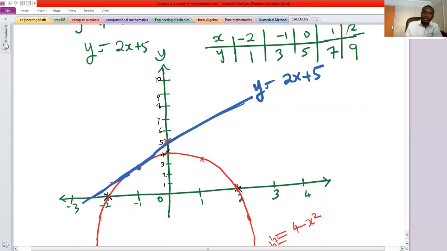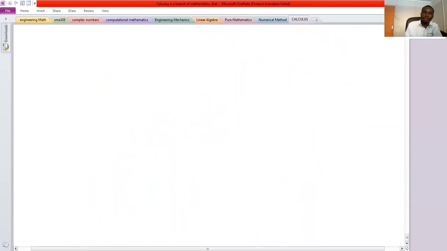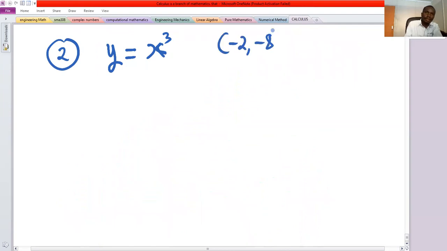And then problem 2, we had y equals x power 3, the point -2, -8.